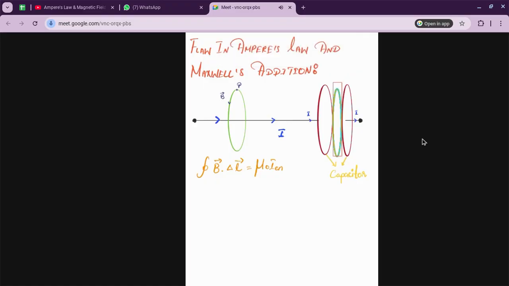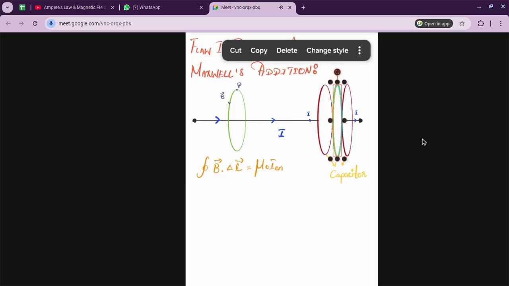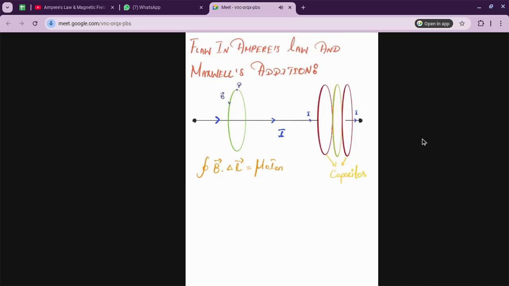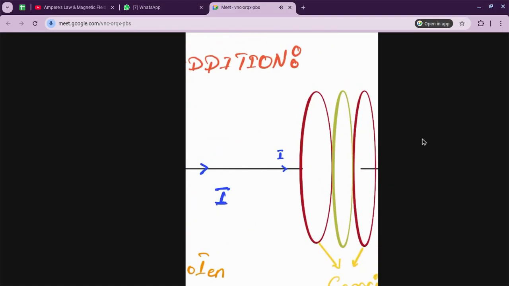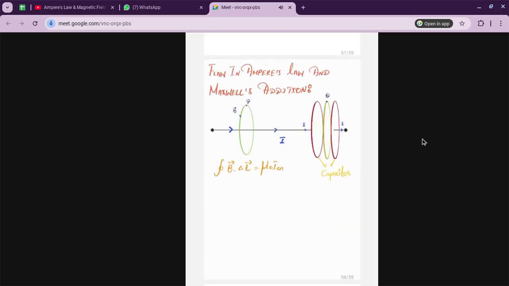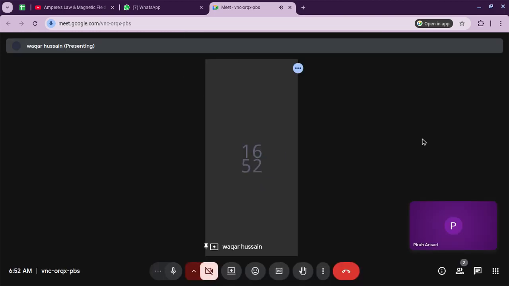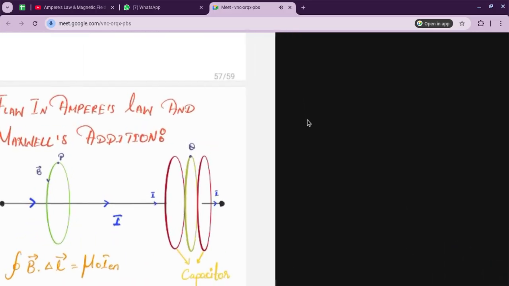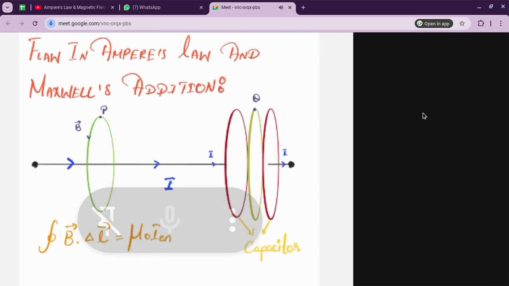So I just place an Amperian loop with the same size and at the same point I need to find the magnetic field over here. What do you think? What will the magnetic field be? Because the current is constant all over the place.